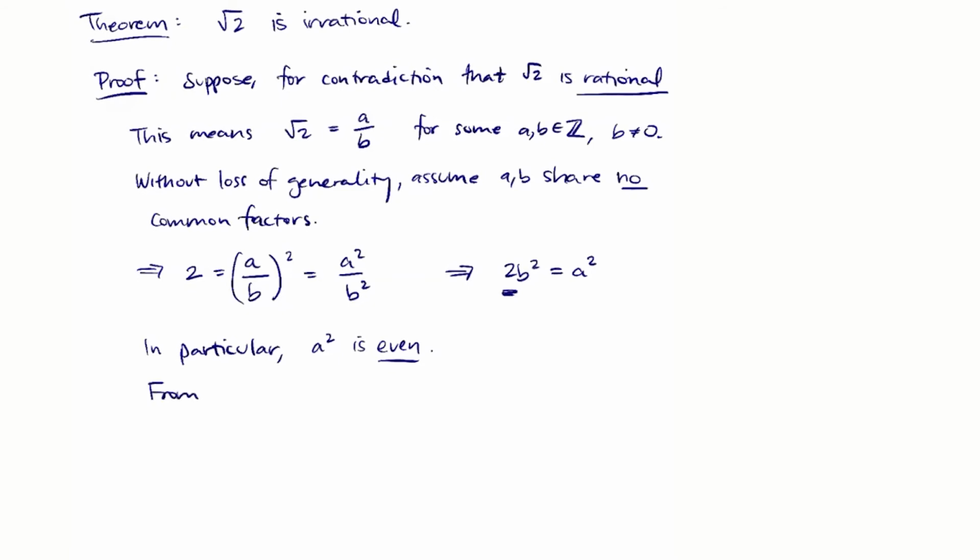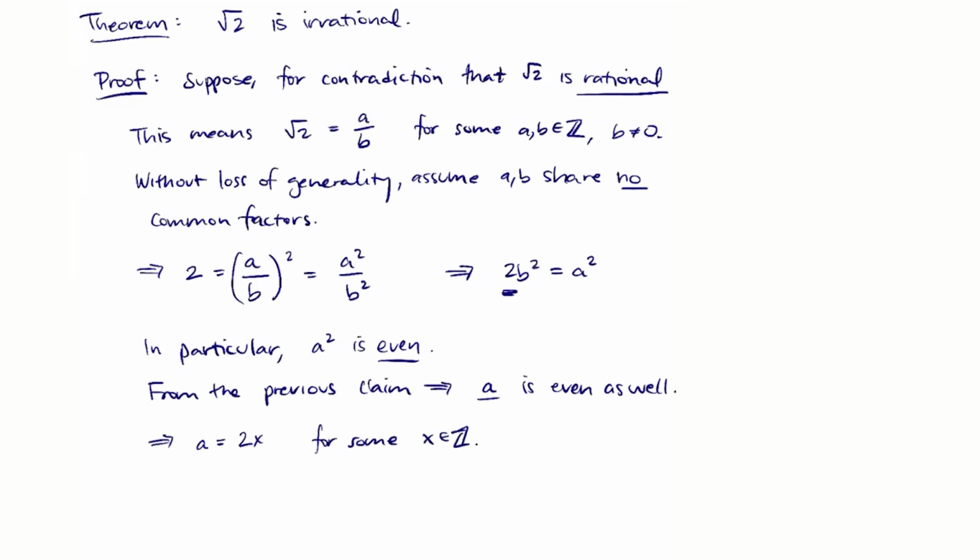So from the previous claim, this implies that a is even as well. This means that a can be expressed as 2 times x, let's say, for some integer x.